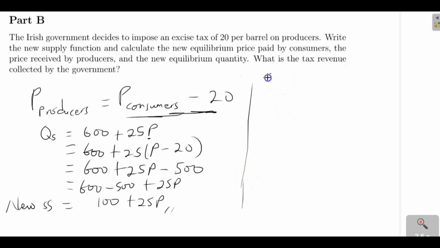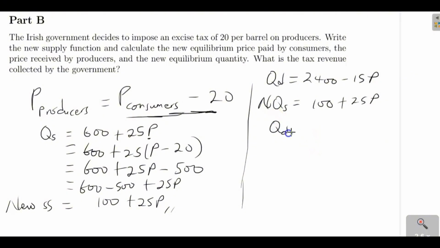So we are not going to use the original supply curve. For the quantity demanded curve, it remains the same. Nothing happens to it. So we have 2,400 minus 15p. But we are going to use our new supply curve, which is 100 plus 25p. For equilibrium to be established, the original quantity demanded function should be equal to the new quantity supplied function.